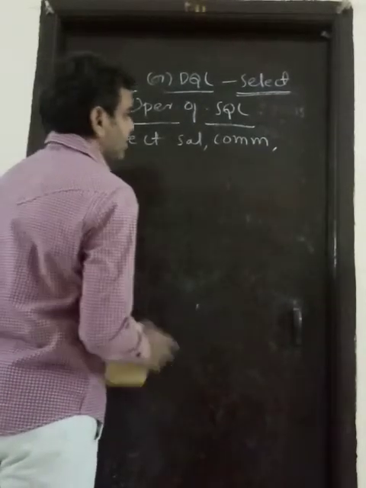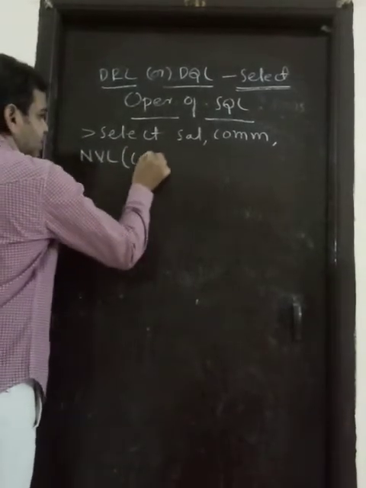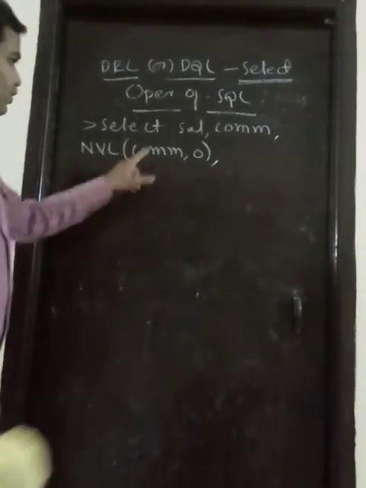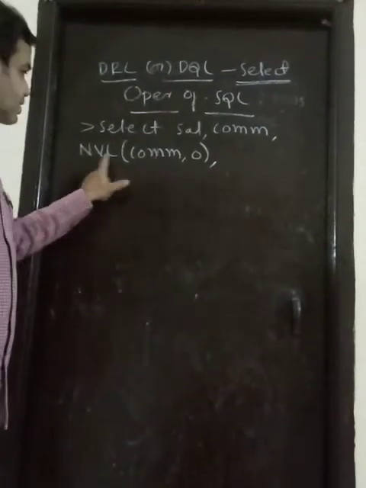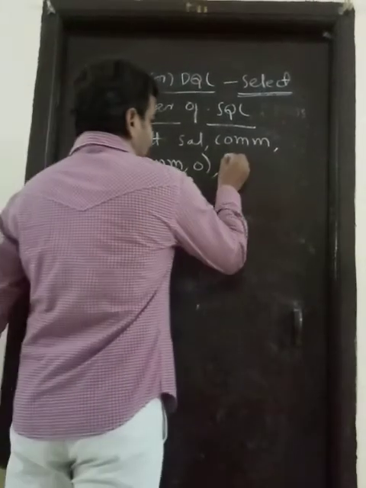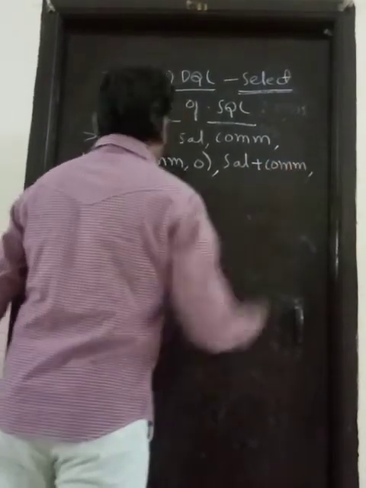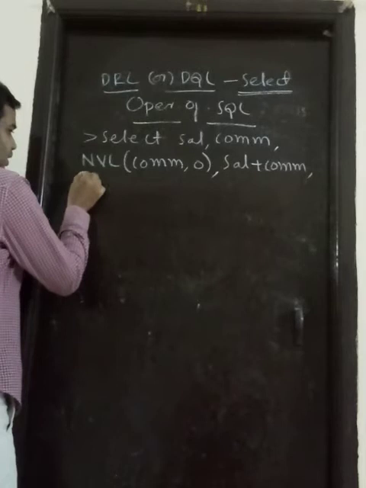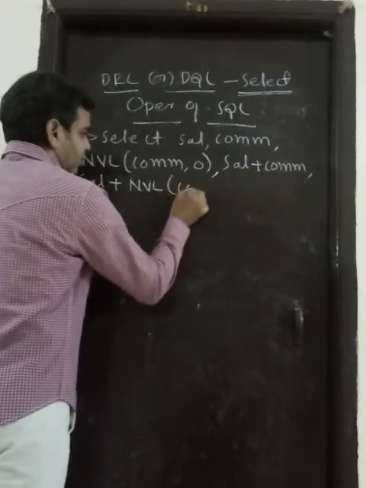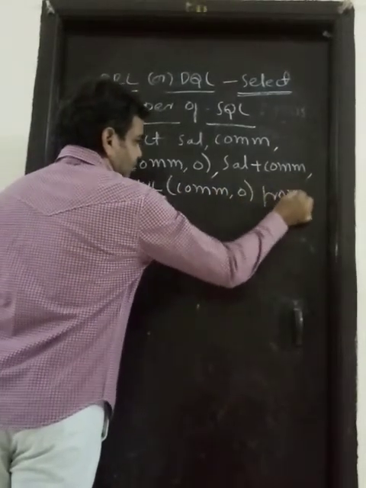So first commission, then NVL of commission, comma, 0. What is the meaning of NVL? If the commission column value is null, we replace it with 0. Then again salary plus commission, the problem will be there. To solve this problem, we use NVL: salary plus NVL of commission, comma, 0 from EMP.